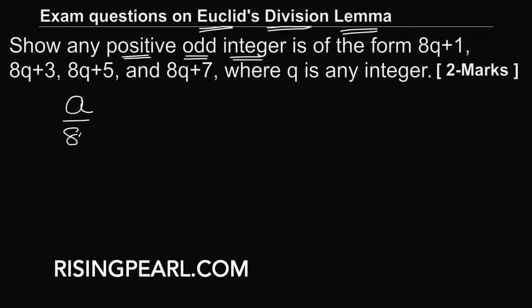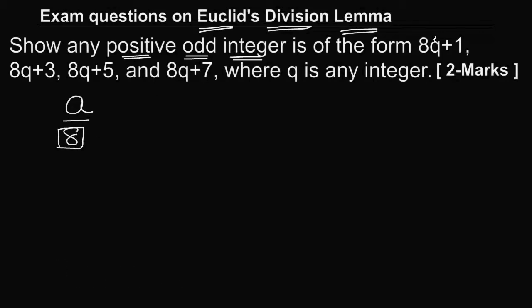Now why 8? The reason is that in the question we have been asked 8q plus 1, 8q plus 3, 8q plus 5, 8q plus 7. If this were 6, we would have divided a by 6. If this were 4 or 2, we would have used that number to divide a by.